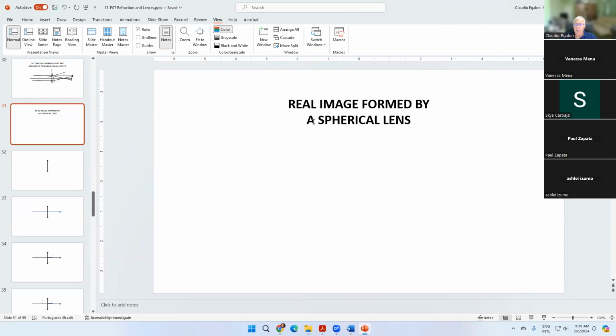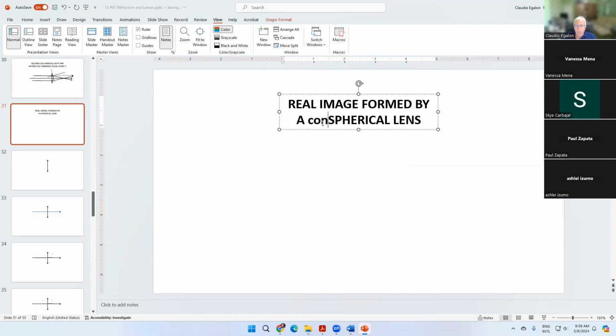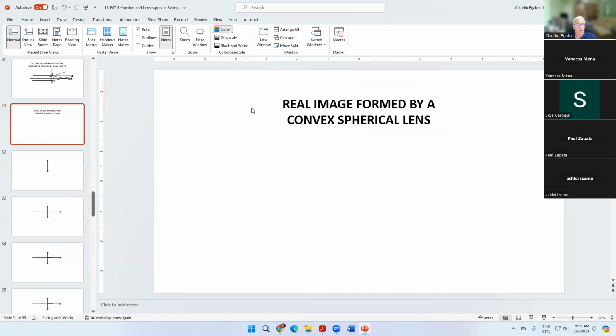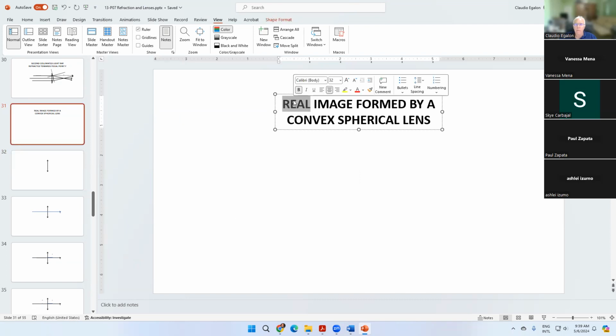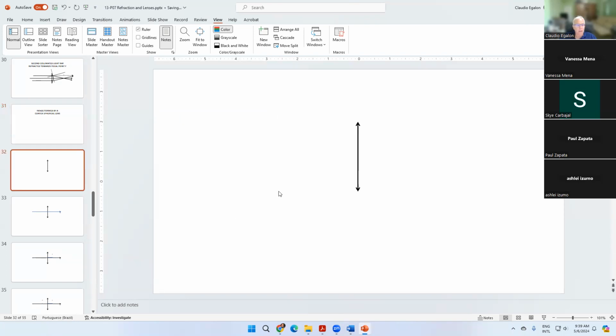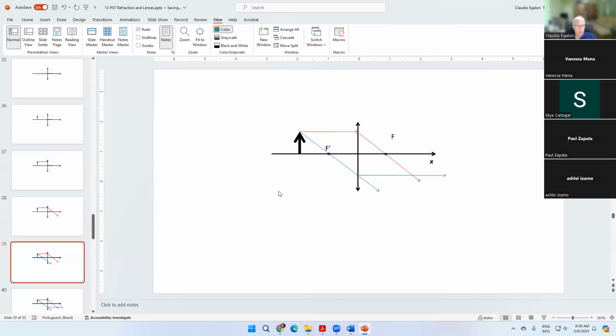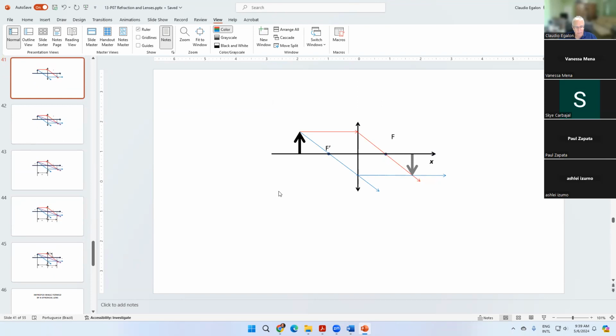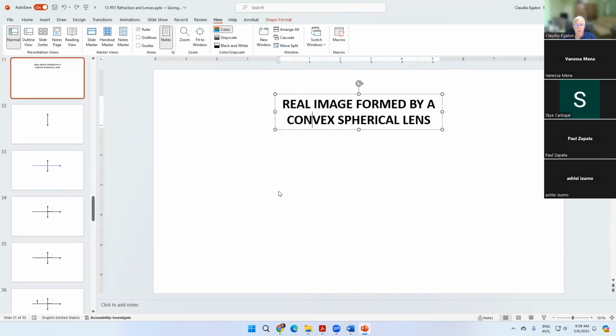Let's put it this way. Image formed by a spherical lens. Yeah, let's leave it this way.